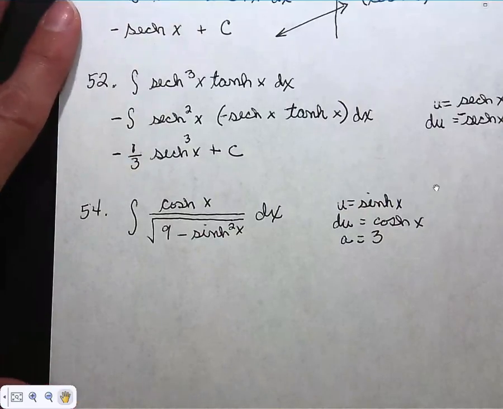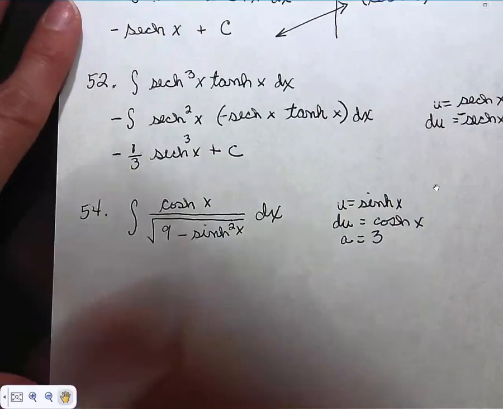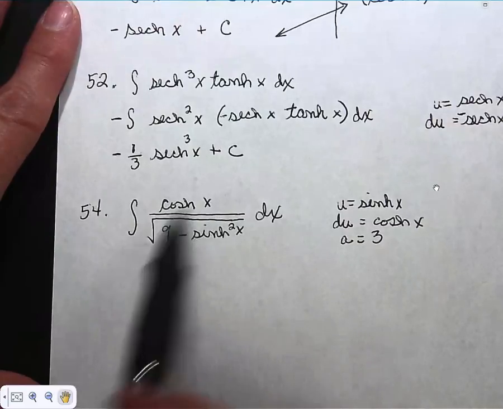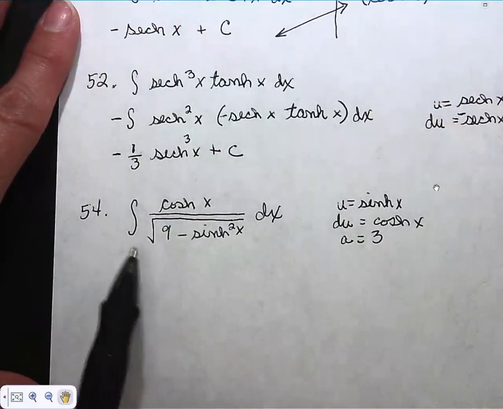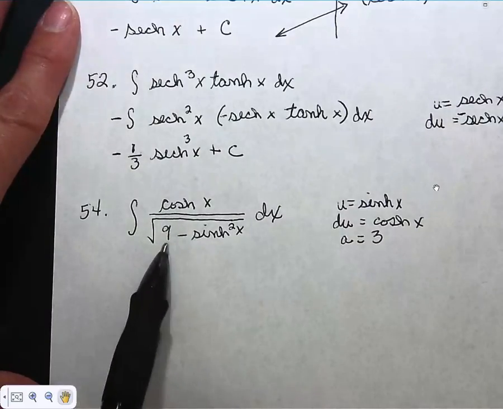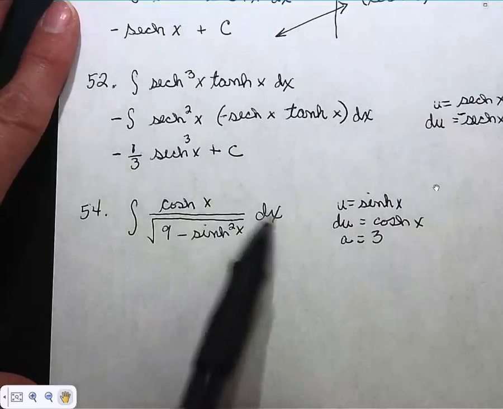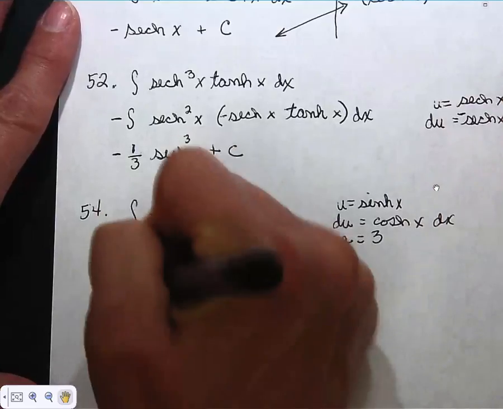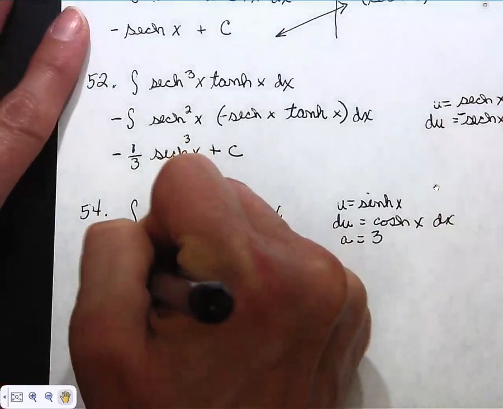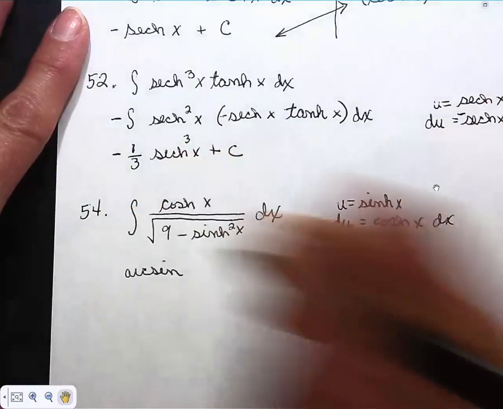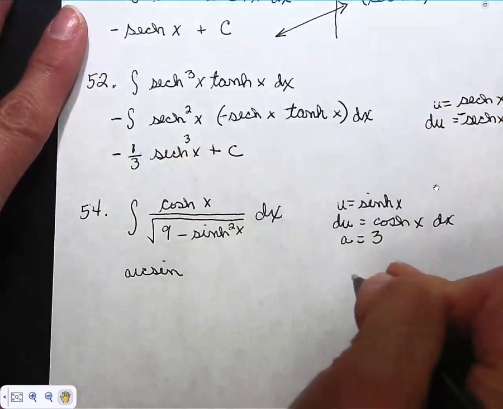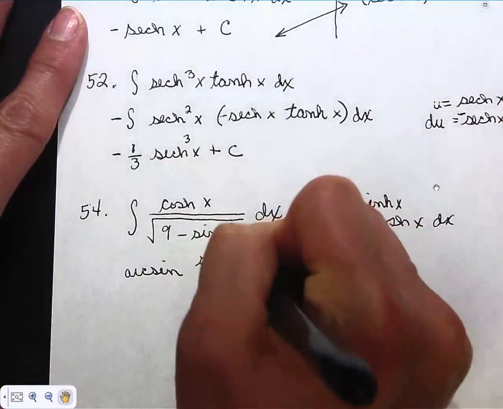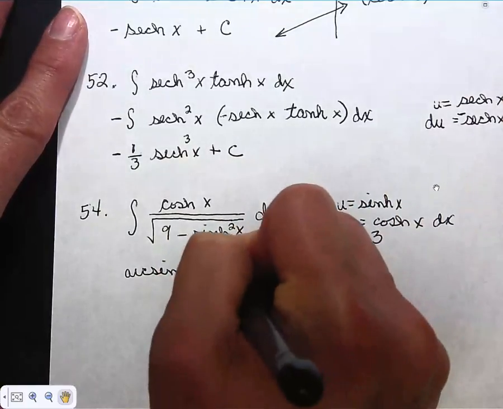Because I get this. That's just the formula for arc sine, 1 over square root of a squared minus u squared du, and we've got our du right there. So the formula for arc sine is just arc sine u over a.